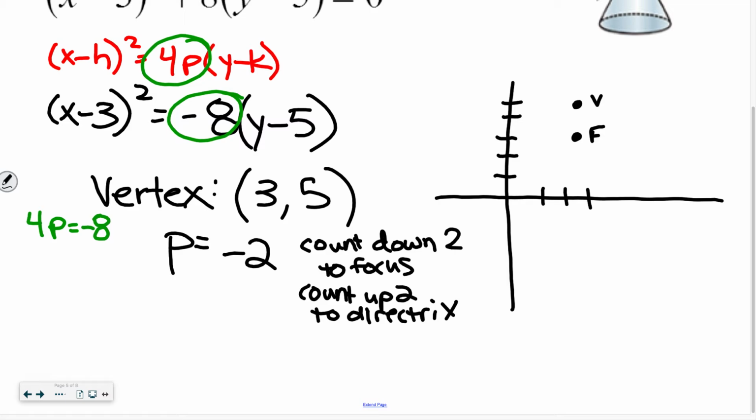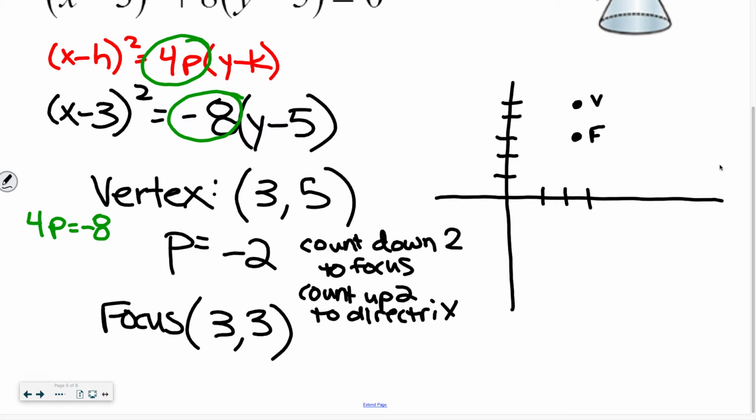So there's my focus point. You should be able to label the focus as an ordered pair. So if I was at 3, 5, and then I went down 2, I'm now at 3, 3. So I do know the exact location of the focus for this parabola.